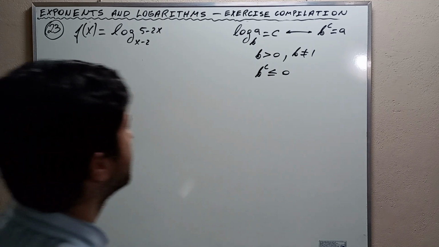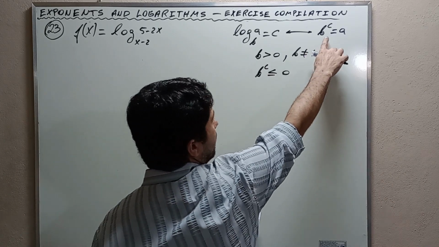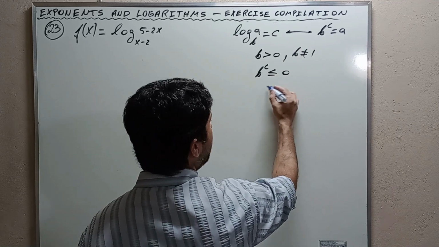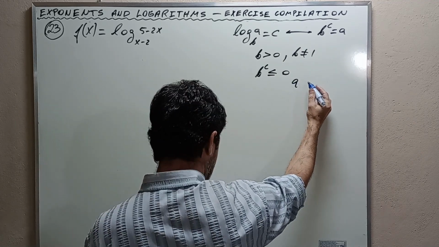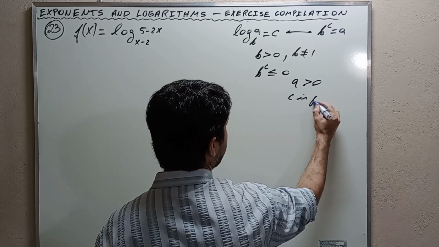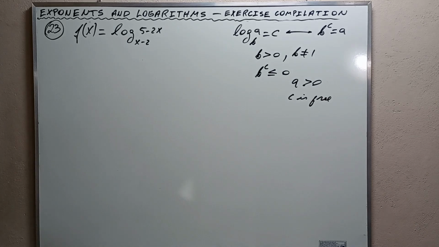Thus, if this is impossible, a has to be greater than 0 and c is free. Okay? If we understand this, we are going to understand how to calculate the domain of that function.